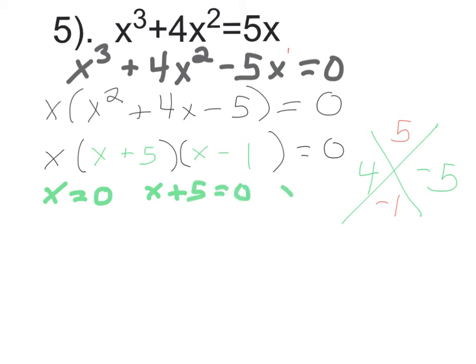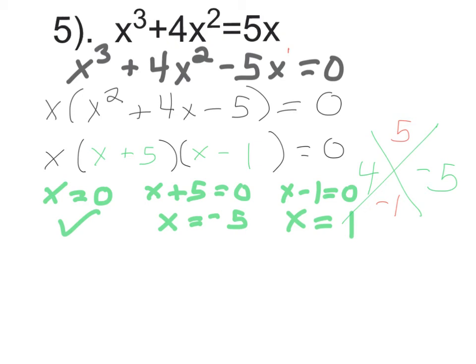And then finally x minus 1 equal to 0. So x equals 0, that's already done. So we know that one of the solutions to this polynomial is going to be x equals 0. One of the solutions is going to be x is equal to -5. And one of the solutions is going to be x is equal to +1.